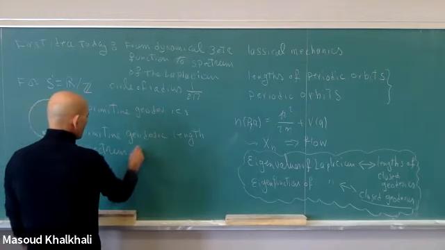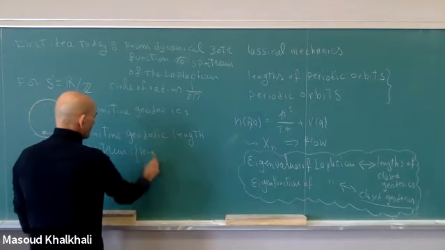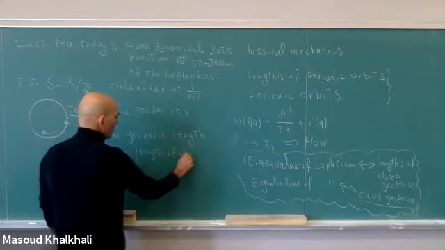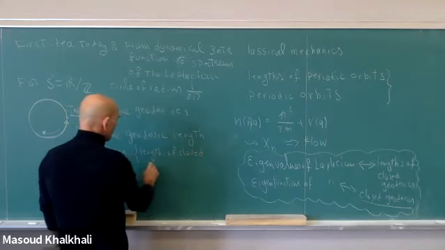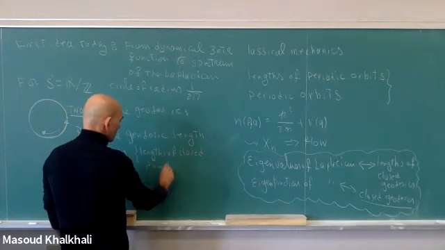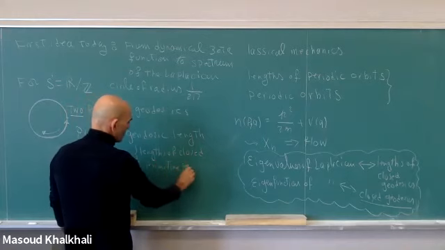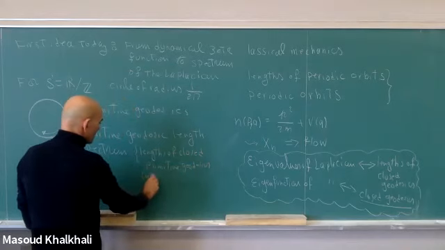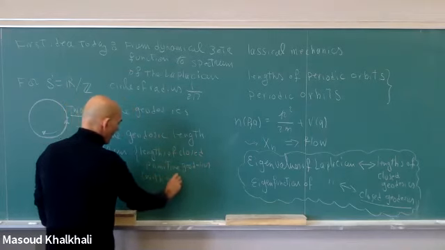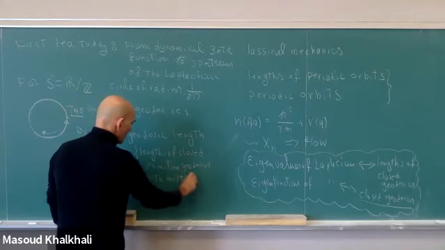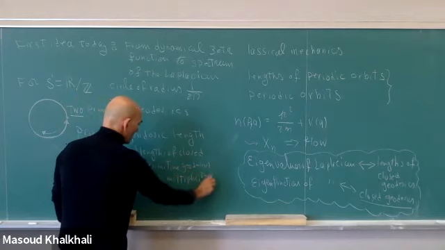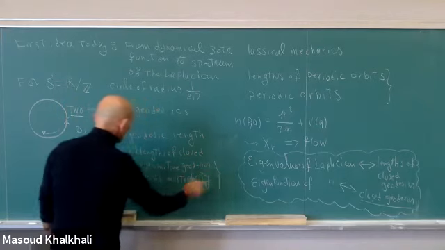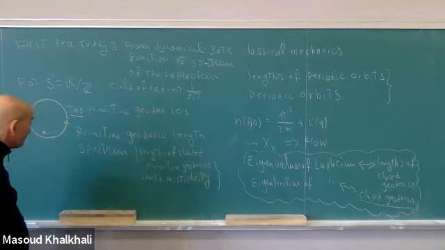So this is a set of lengths of closed primitive geodesics, with multiplicity. Okay.